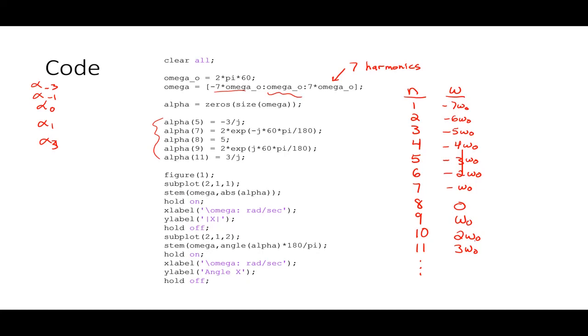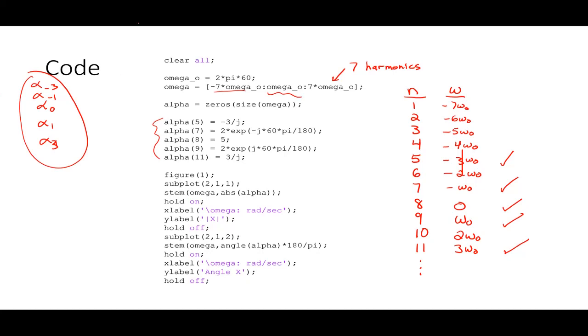So what I can see is I need to enter values for, right, these were the alphas that we said over here. So I need to enter values for the 5th entry in my alpha vector, the 7th entry, the 8th entry, the 9th entry, and the 11th, right? Because those are the only 5 non-zeros, okay? So here's where I did that, right?